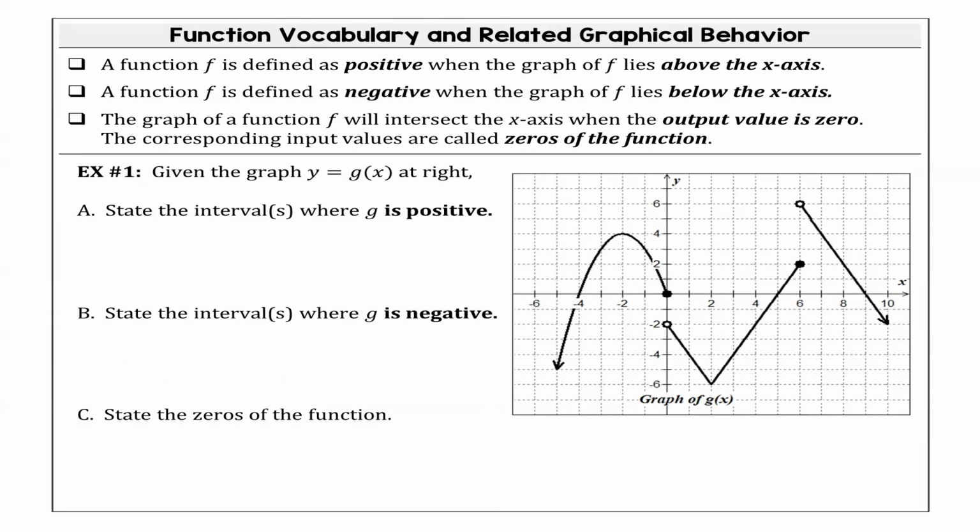Looking at this, the next thing we're going to talk about is where a function is positive. A function f is defined as positive when the graph lies above the x-axis. A function f is defined as negative when it lies below the x-axis. So when we're describing positive and negative, we are describing your y. When we have positive, y is greater than 0. When we have negative, y is less than 0.